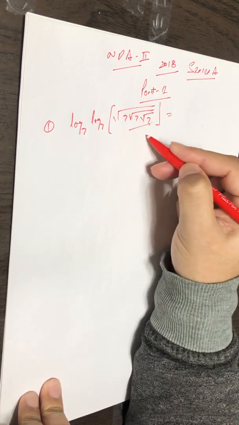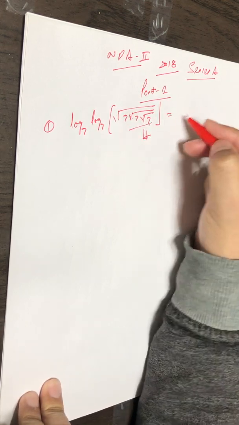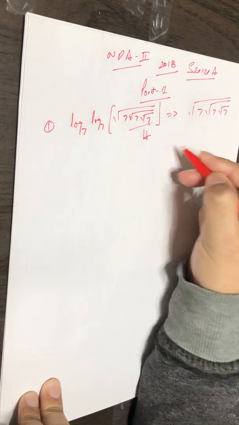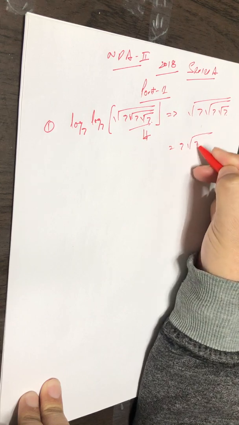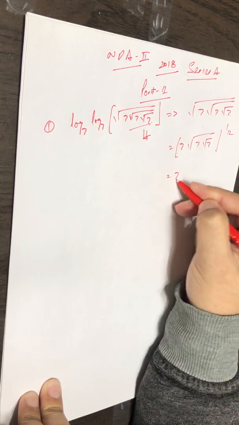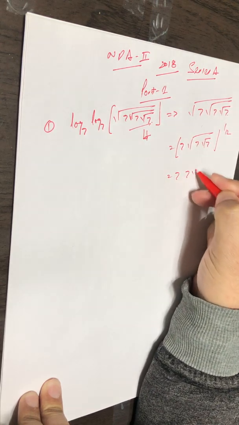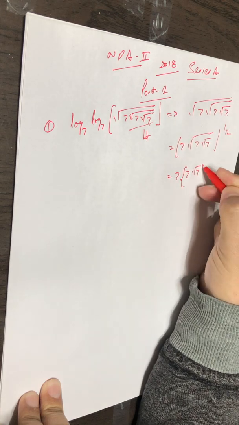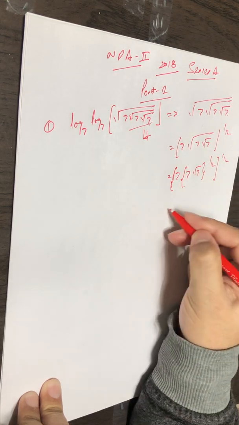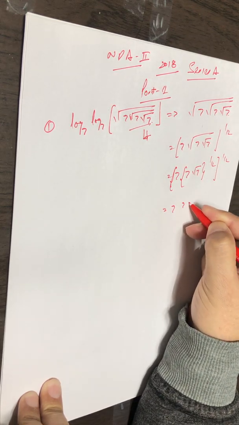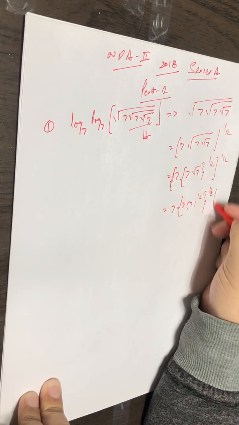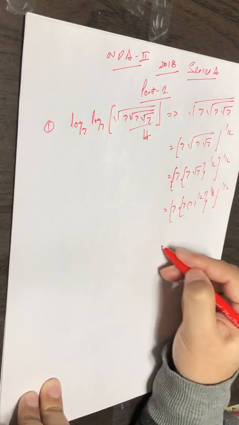So we are first of all going to find out what this part will be. We can write this as 7 raised to 1 by 2, and this is also 1 by 2.